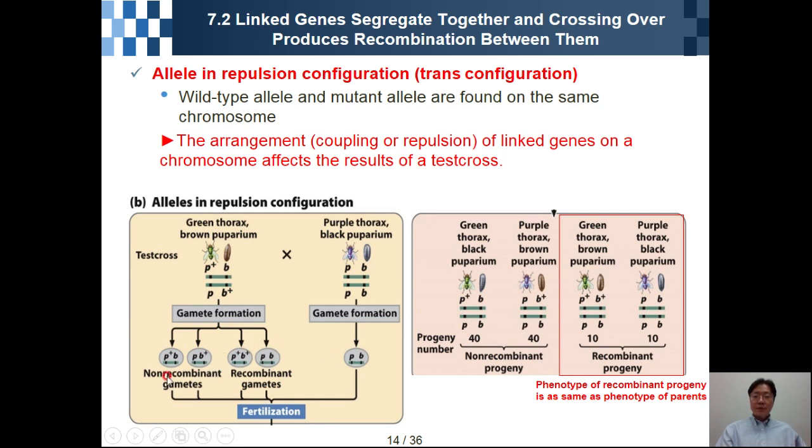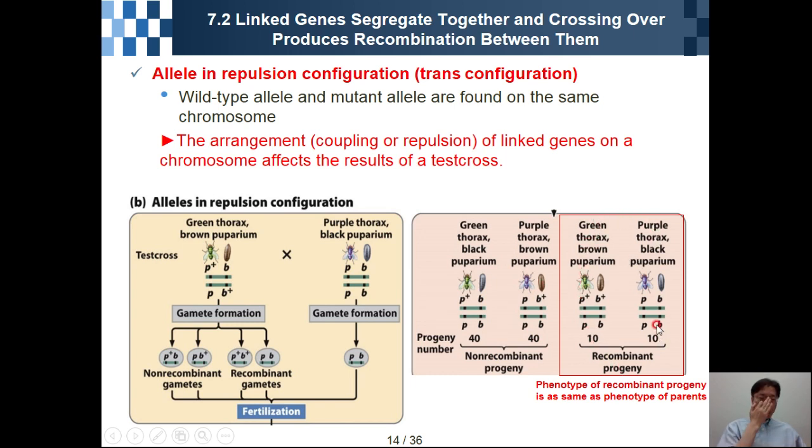So after fertilization, usually the non-recombinant gametes are predominant. In these cases, the phenotype is green thorax, but they will show the black puparium. In these cases, they show purple thorax, but they will have the brown puparium. Okay, how about the recombinant progeny?